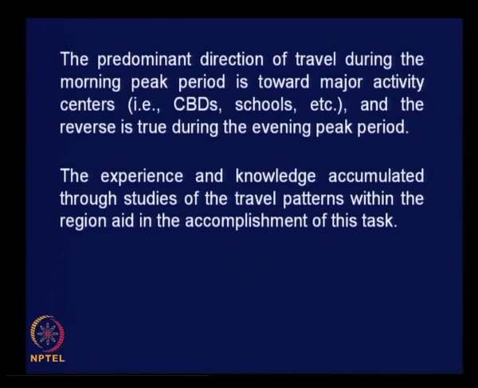And of course, the movement towards CBD etc. applies to cities of certain size. When the cities become mega cities like Chennai, Mumbai, Delhi, Kolkata and so on, these cities develop a number of nuclei. They become multi-nuclei cities.